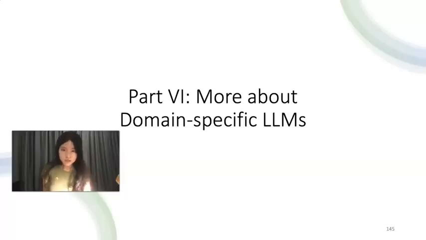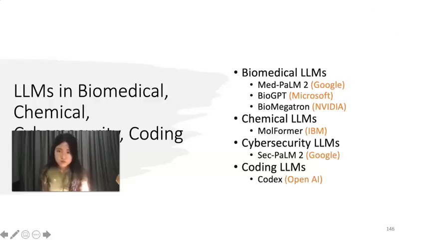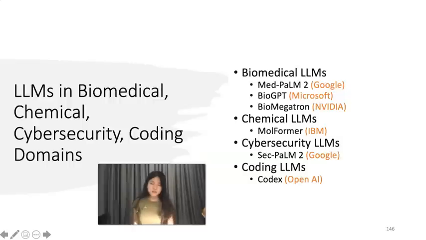Right. Last but not least, more about domain-specific large language models. The previous large language models are general domain. But we have seen large language models in biomedical, chemical, cybersecurity, coding, and more domains. For example, for biomedical large language models, we have PaLM 2 by Google, BioGPT by Microsoft, and NVIDIA has also earlier released BioMegatron.